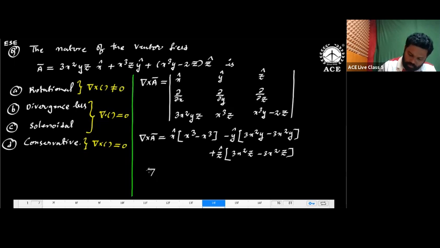So here, curl is equal to 0. Means what? Conservative. Option D is the answer.